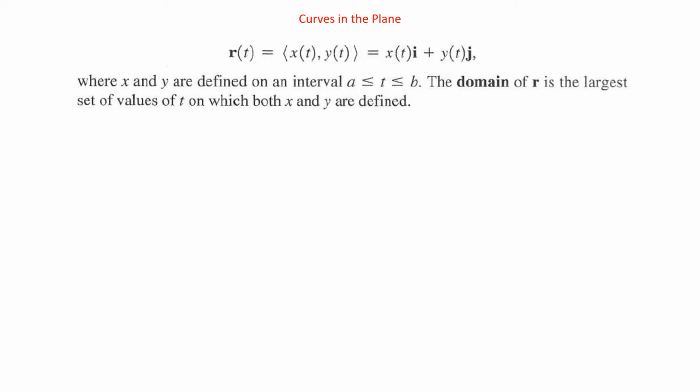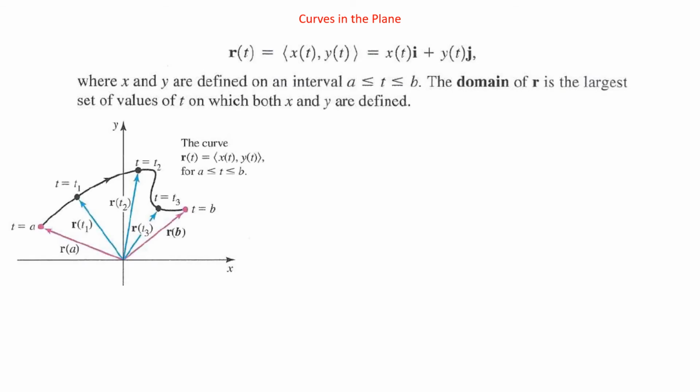We can't have a number and then an undefined. That doesn't work. It has to be a number and a number. And so, with curves, we have a curve, same idea. Here we're going from A to B, and we have all sorts of values in between. And again, these curves can do all sorts of crazy things.